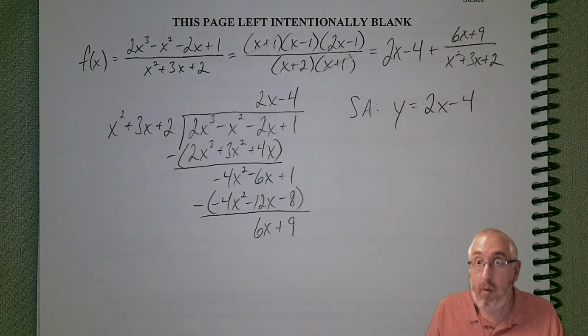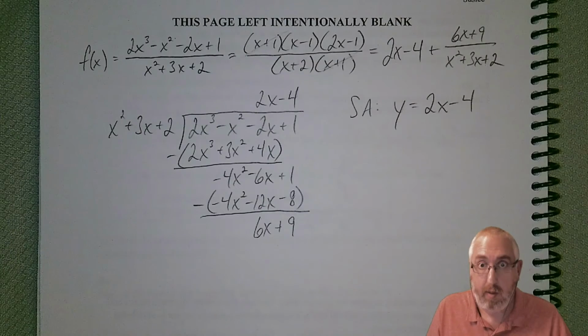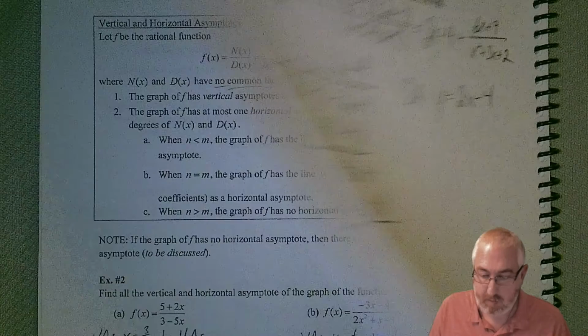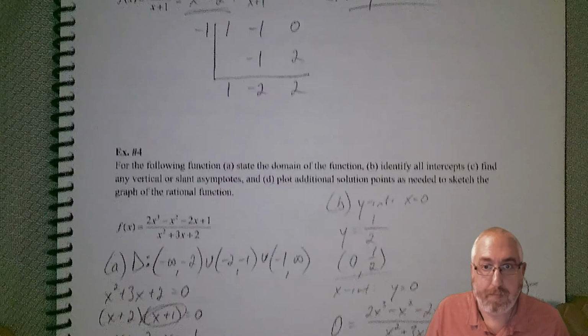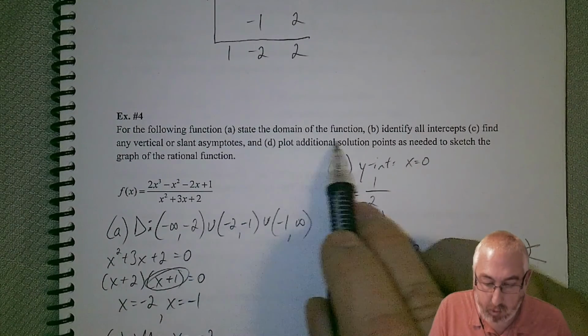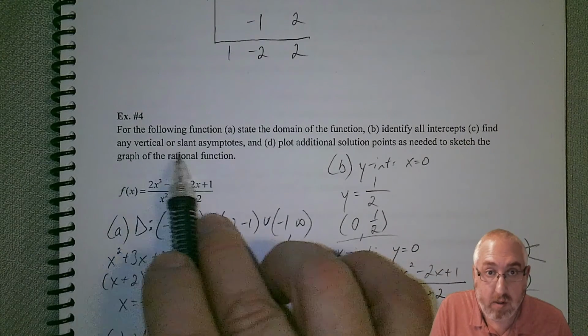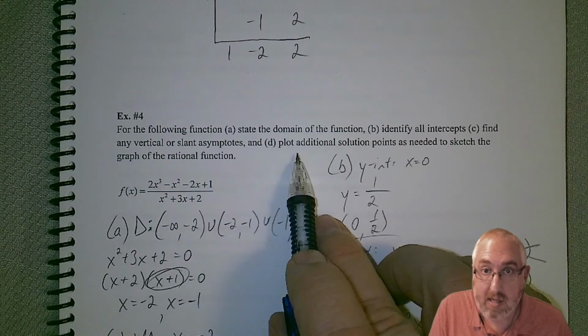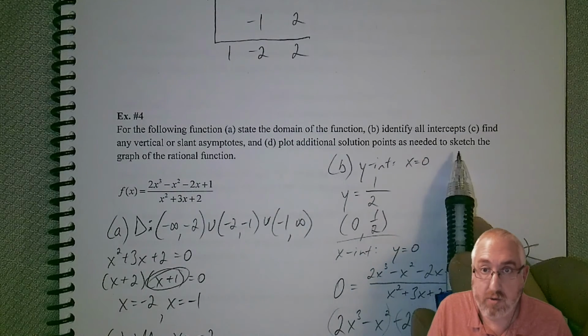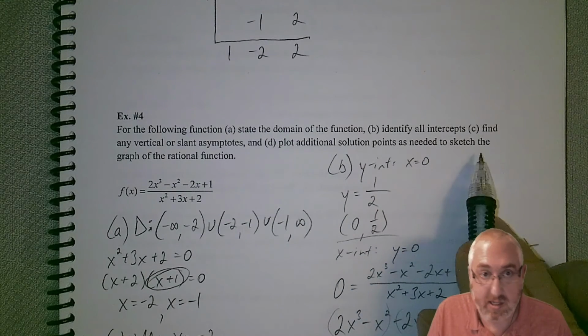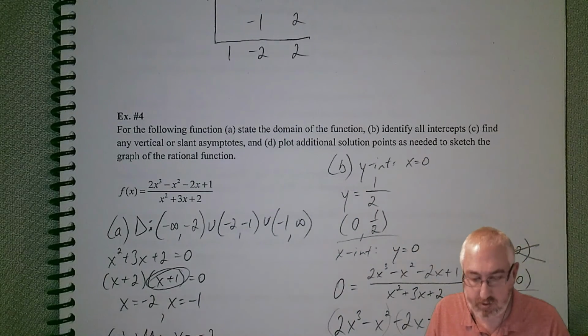So now we have the bulk of what's been asked of us. So we have our domain, we have our intercepts, we've identified the vertical and slant asymptotes, and so now the last thing to do is plot additional solution points as needed to sketch the graph of the rational function.